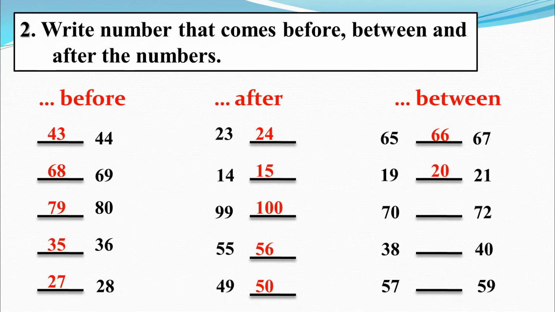In between 70 and 72, the number is 71. In between 38 and 40, the number is 39. In between 57 and 59, the number is 58.